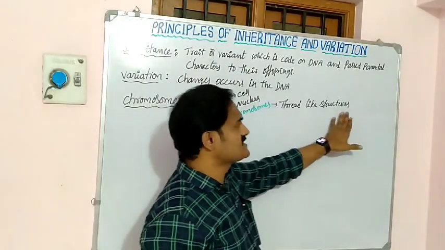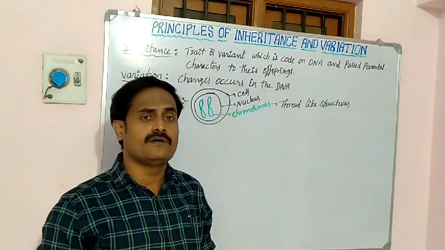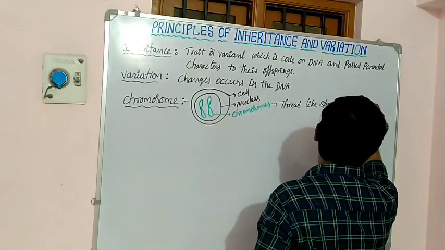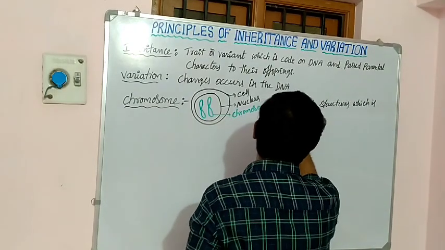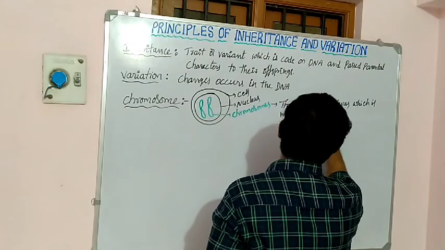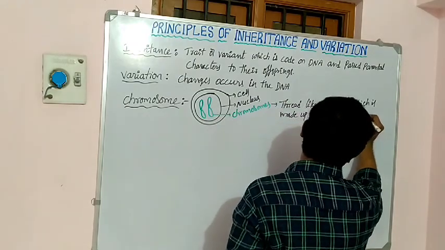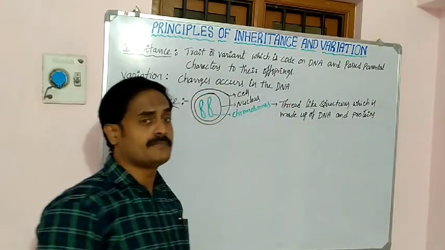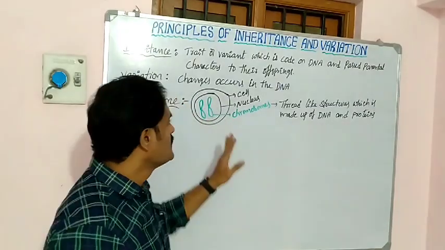Chromosomes are thread-like structures which are made up of DNA and proteins. Remember, the chromosomes are made up of DNA and proteins.